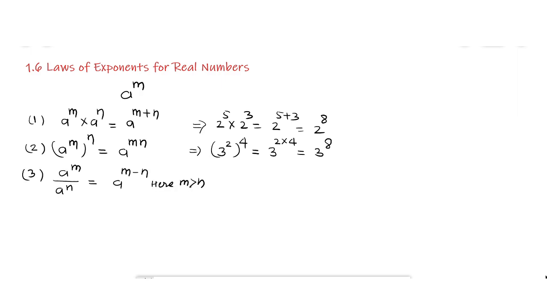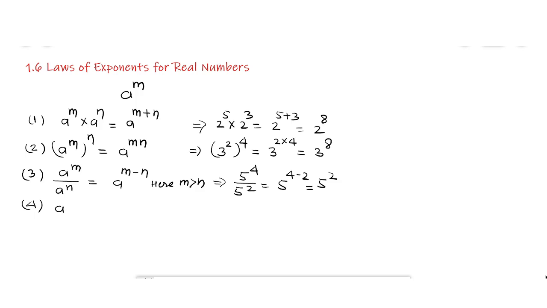Law 3: a to the power m upon a to the power n equals a to the power m minus n. Here m is greater than n. And the example for this is 5 to the power 4 upon 5 to the power 2, equals 5 to the power 4 minus 2, which is equal to 5 to the power 2.